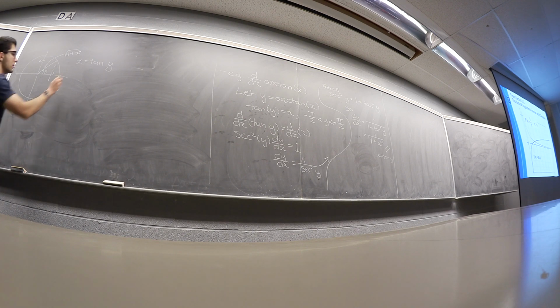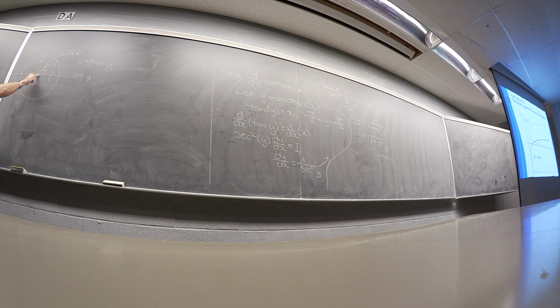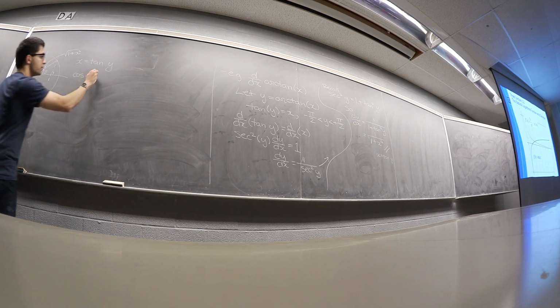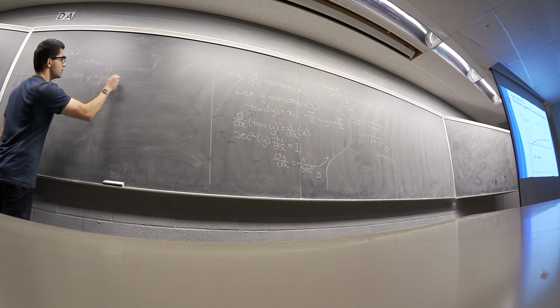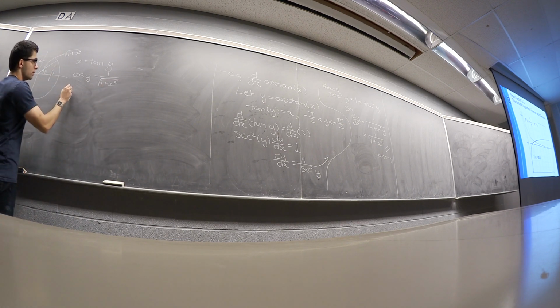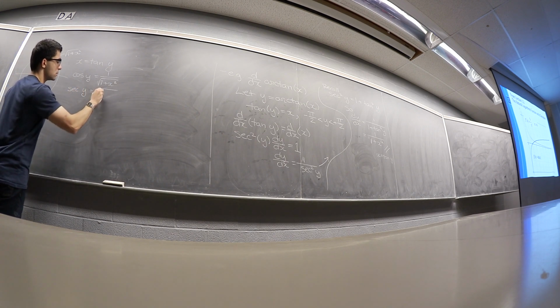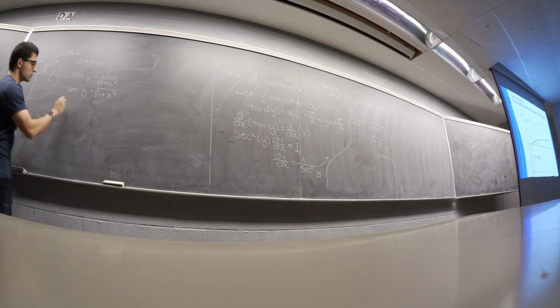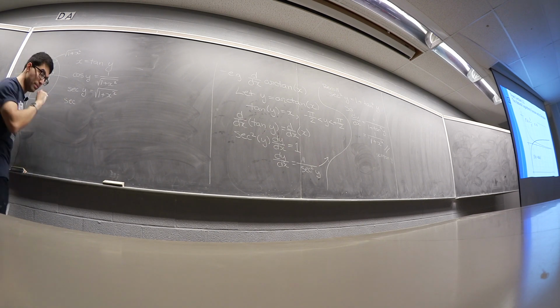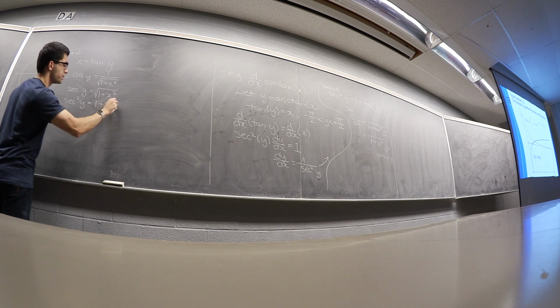Yeah? And so cos y has to be 1 over that. So the secant has to be square root of 1 plus x squared. So the secant squared, excuse me, has to be 1 plus x squared.